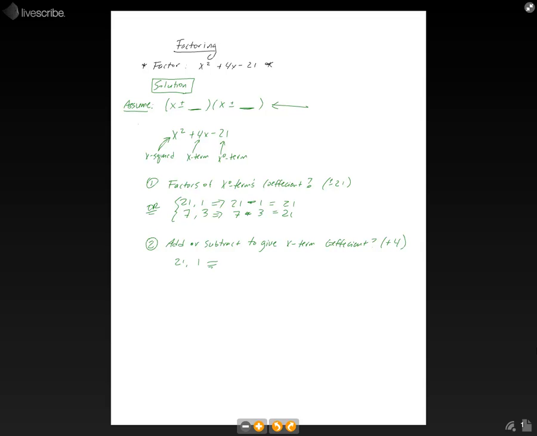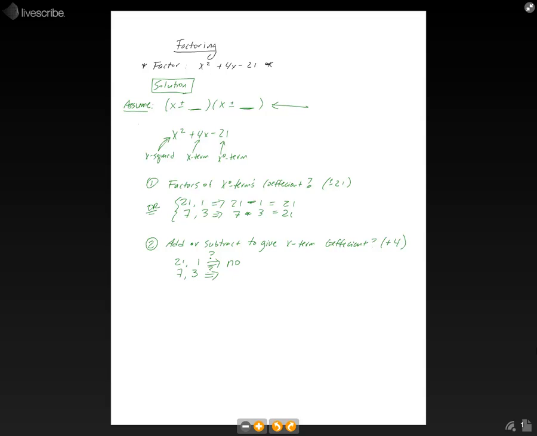Is there any way that 21 and 1 can be added or subtracted together to give you 4? Well, 21 minus 1 is 20. 21 plus 1 is 22. 1 minus 21 is negative 20. No, there's no way that these two numbers could ever be added or subtracted to give you positive 4.